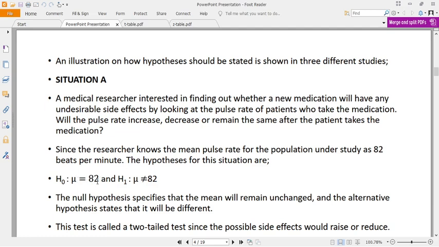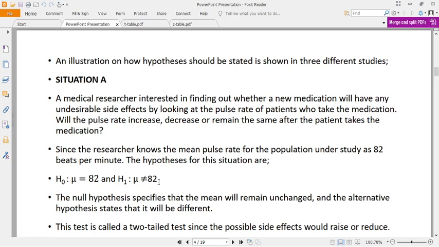The mean pulse rate will remain 82. A null hypothesis shows that there is no difference between a parameter and a specific value. So our null states that the mean pulse rate will remain 82, and the alternative will state the other way, that the mean pulse rate will change, so it will not be 82.